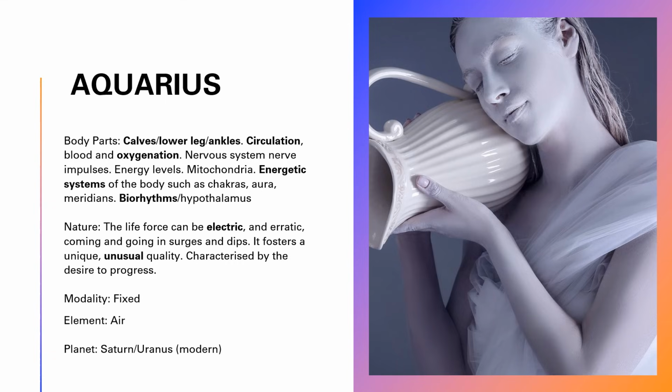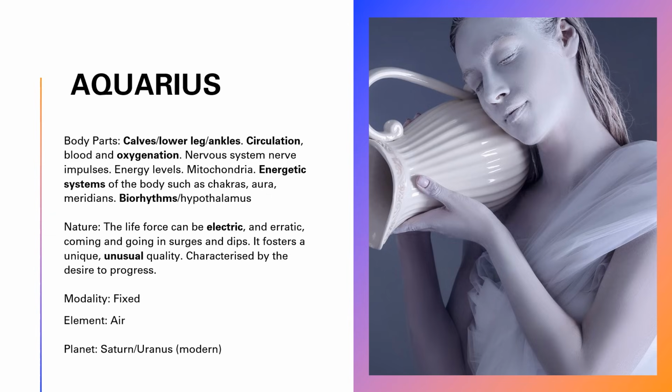Aquarius also rules energy levels, mitochondria, energetic systems of the body such as chakras, auras, meridians, and also biorhythms, the hypothalamus. So Aquarius is kind of unusual in that it has a lot to do with the electrical system. I guess the nature, the life force can be electric, erratic, coming and going in surges and dips.